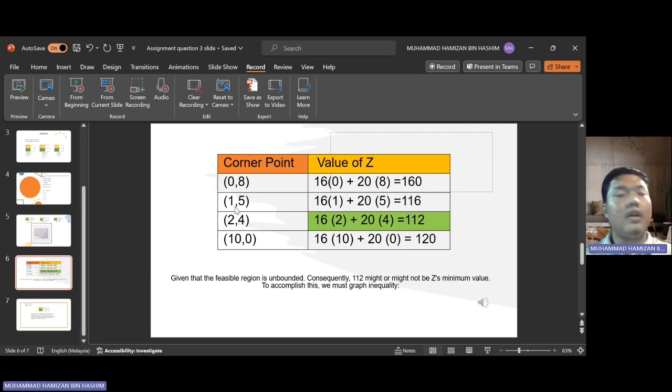After we draw the graph, we can get the corner points. From the corner points, we can get the value of z. To find the minimum value of z, we use the objective function 16x plus 20y. So we put the corner point values into this function. For the minimum, we get 112.